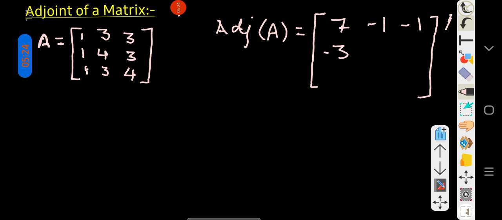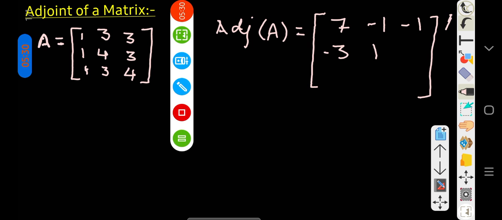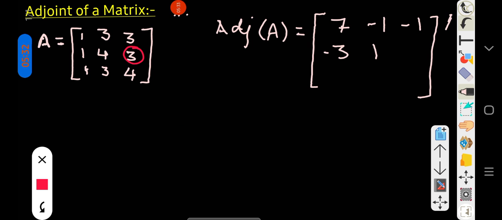That means here we will write 1. Now the cofactor of 3. We will exclude the second row and the third column, and we'll consider only these two elements and these two elements.